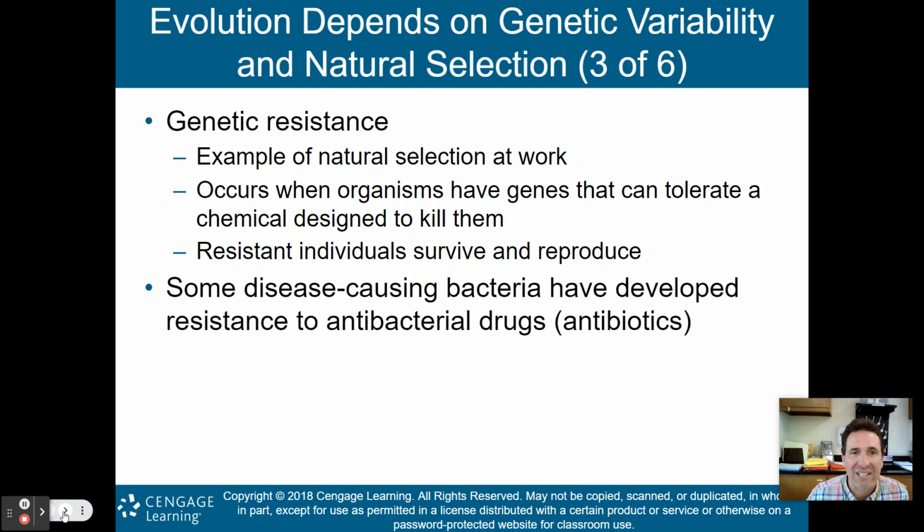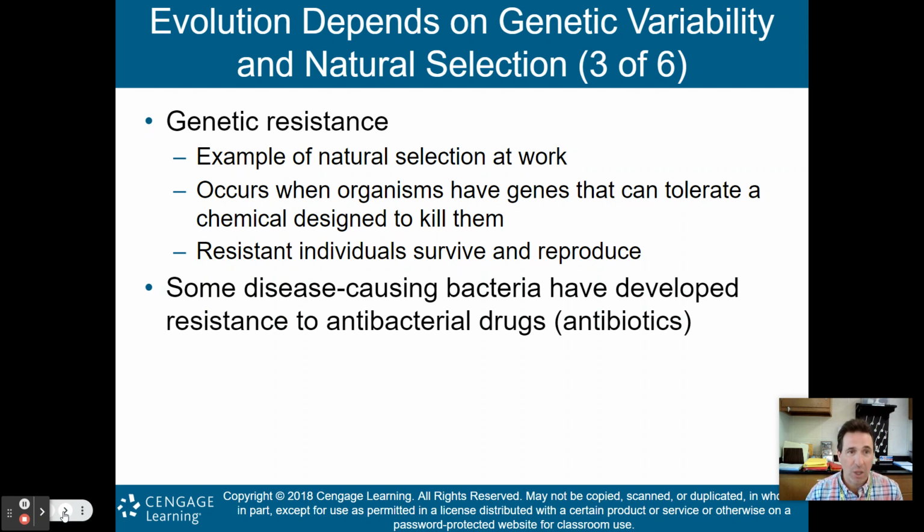Genetic resistance is an example of natural selection at work. This occurs when organisms have genes that can tolerate a chemical designed to kill them, right? The resistant individuals survive and then reproduce. And then over time, those individuals are resistant to whatever chemicals were designed to kill them. I spoke about this in part 1 of my lecture when we talked about the insects on the corn.